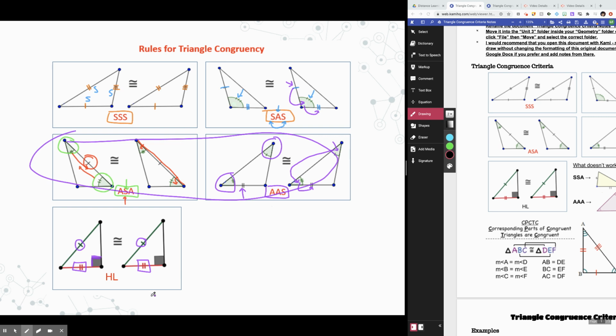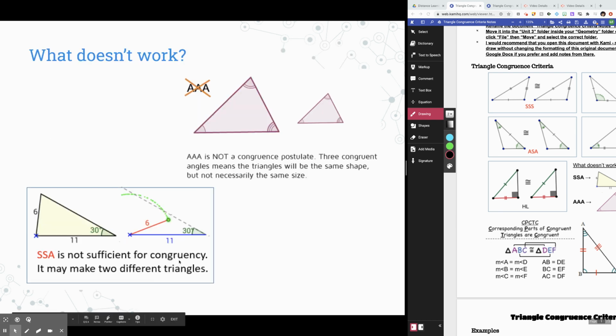So give me a sec to clear my screen off, because there's a couple of these combinations of sides and angles that won't work, and I want to show you why they won't work and what's going on with those. Okay, so there are two criteria here that do not work and don't show that triangles are congruent.